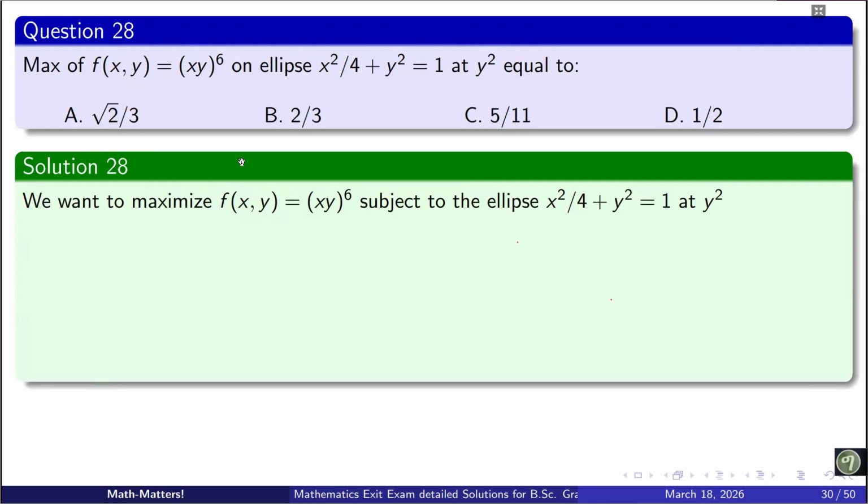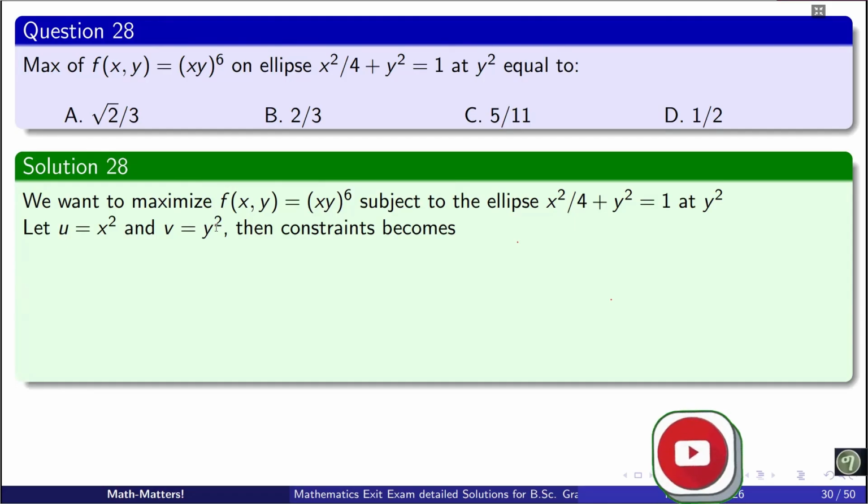In order to find the maximum of this function subject to this ellipse, we want to maximize f of x, y equal to x squared times y to the power of 6 subject to this ellipse. Here, let's replace with new variables: u is equal to x squared and v is equal to y squared.